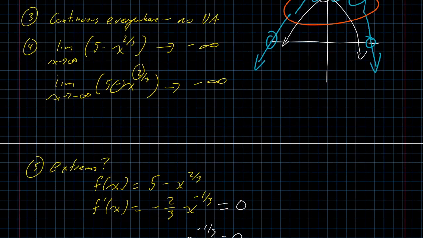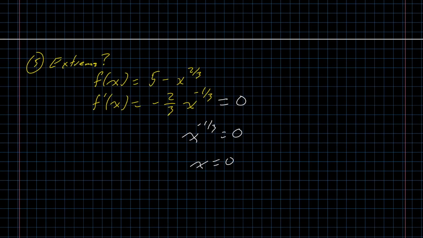We can, of course, verify that by using either the first derivative test or the second derivative test. Plugging in something bigger than 0, like say positive 1, we get negative 2/3 times 1, which is negative 2/3.